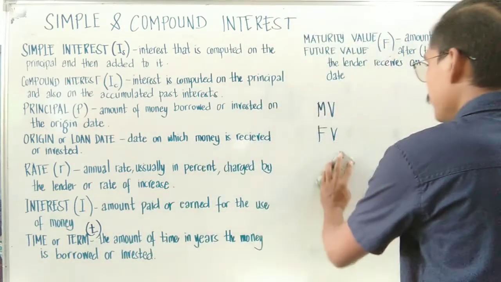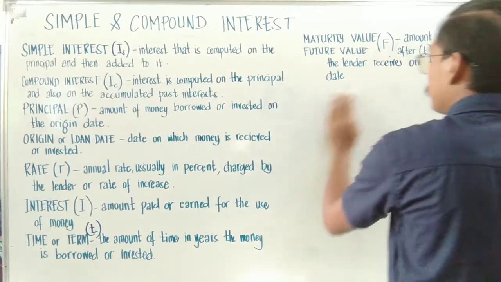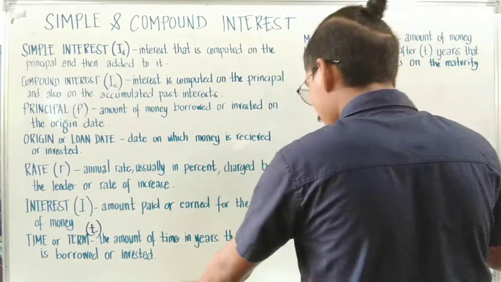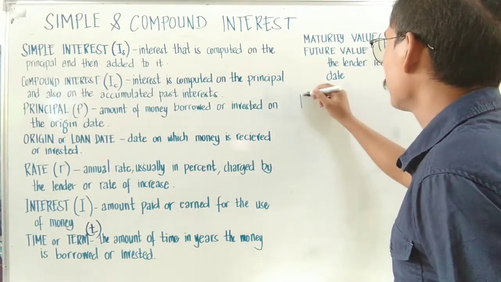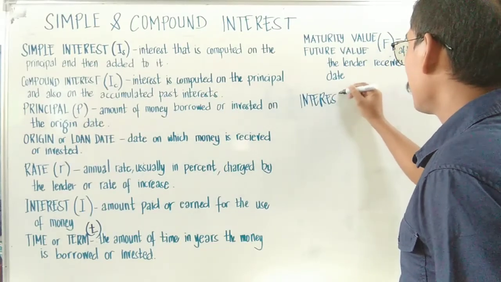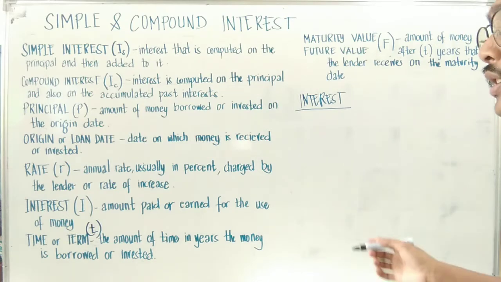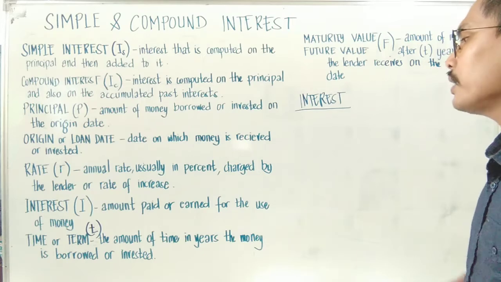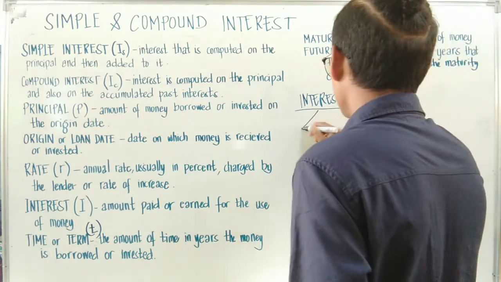Okay, so I will illustrate and explain these things. When we say interest, it is all about investment. Either you invested a certain amount of money or you loaned a certain amount of money.